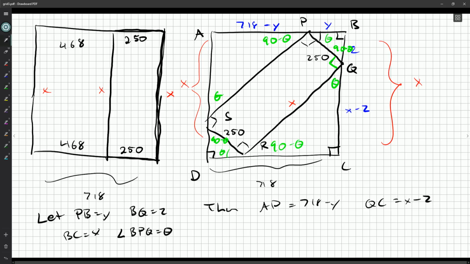So then AP is 718 minus y. QC is x minus z. Angle BQP is 90 minus theta. Angle RQC is theta.